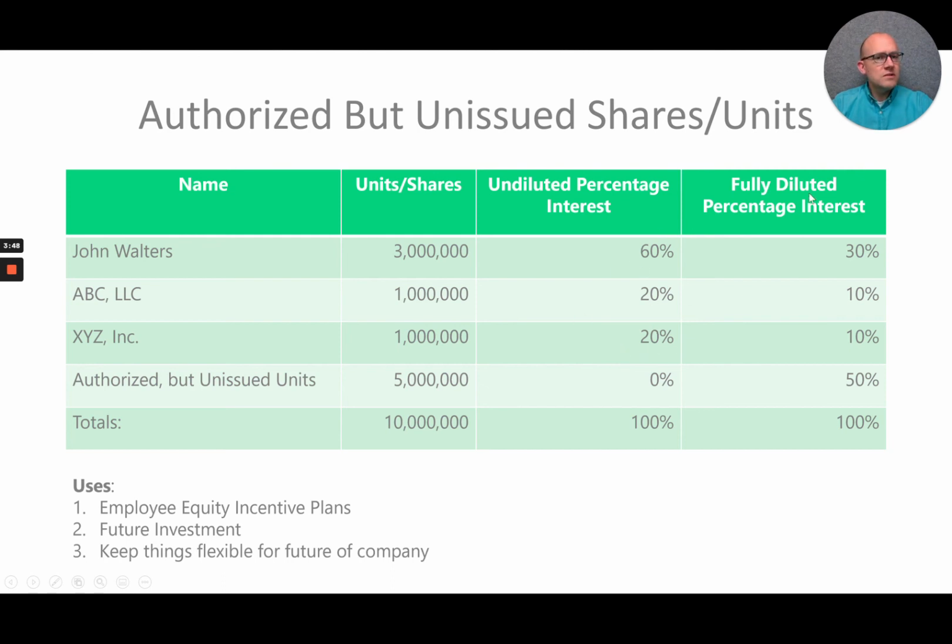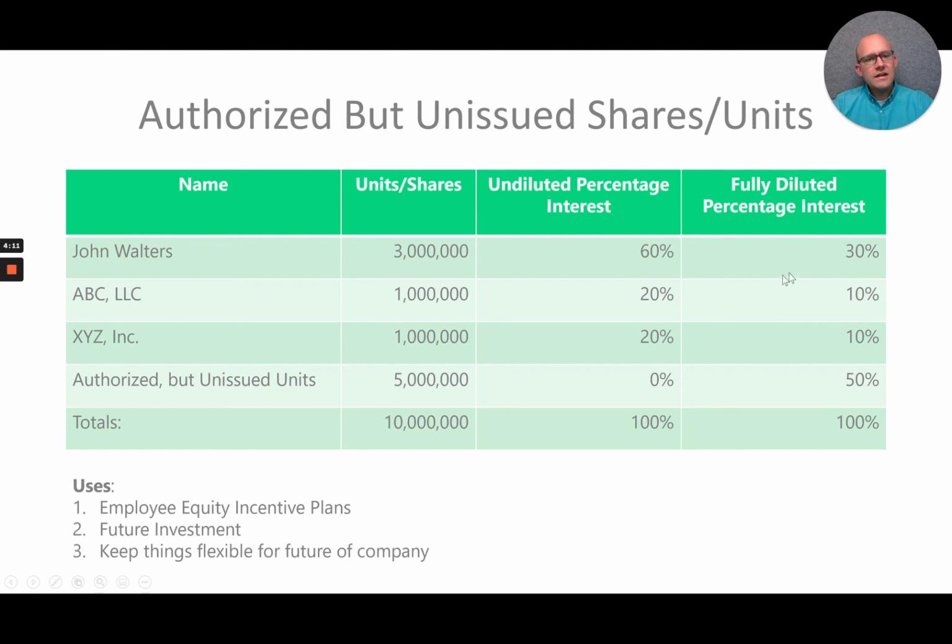And then the fully diluted means, if we have these extra 5 million shares on the cap table, these 3 million shares, while today are worth 60%, if you were to grant or sell all of these 5 million, could go down to 30%, and these could go down to 10%.